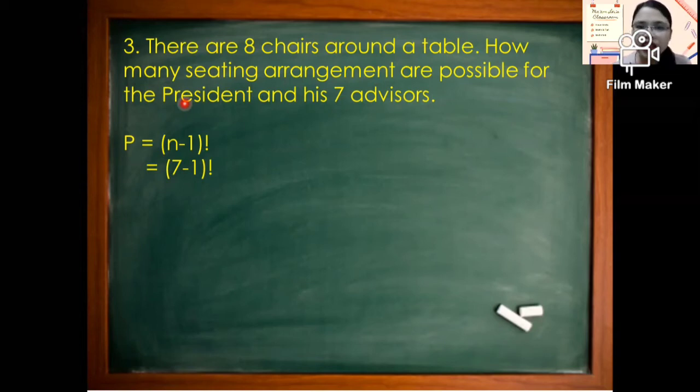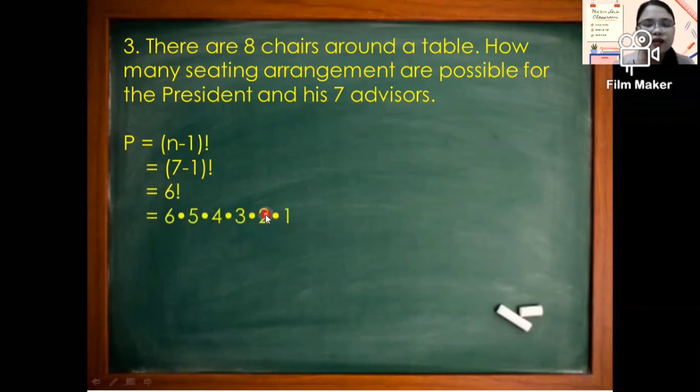Ang mag-a-arrange lang ng kanilang sitting arrangement o pwede magpalit-palit ay yung 7 advisors. So, ang mangyayari, ang value of n mo lang is 7. Okay? So, 7 minus 1 factorial is 6 factorial. Ang 6 factorial natin is 6 times 5 times 4 times 3 times 2 times 1, or simply 720.